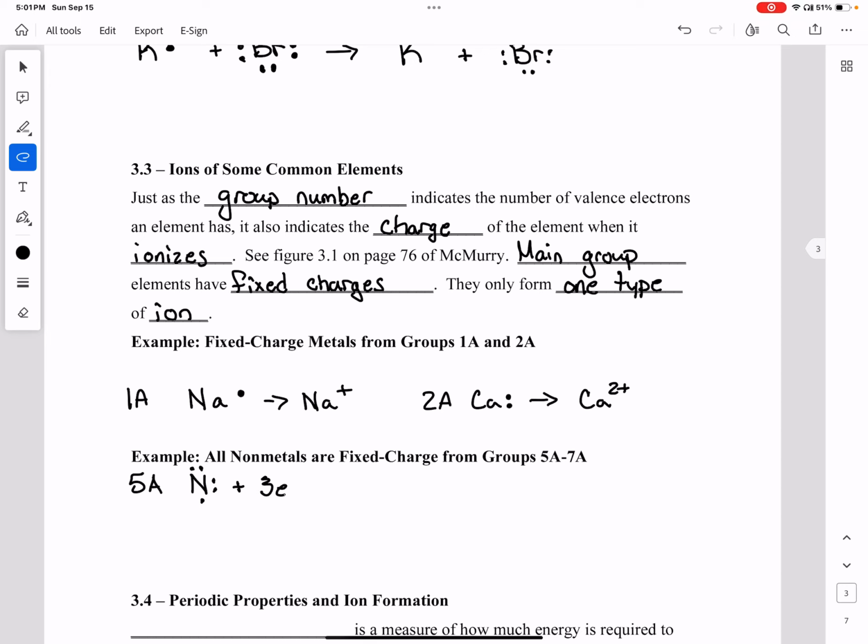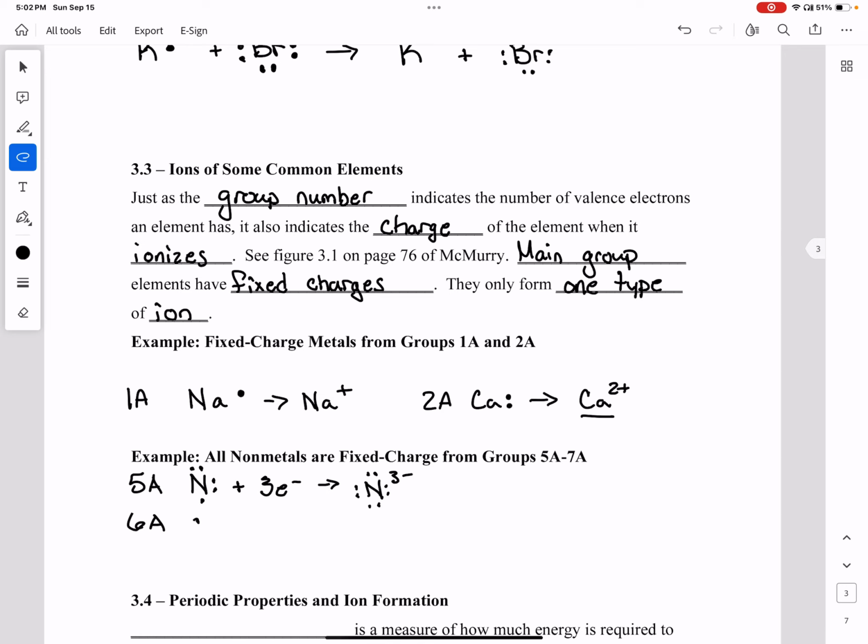So it's going to gain 3 electrons and form N3-. We're not always going to draw these as electron dot structures. At some point, we're just going to draw them like this, just indicating the charges. So 5A, 5 valence electrons, it needs to gain 3 for a full octet.